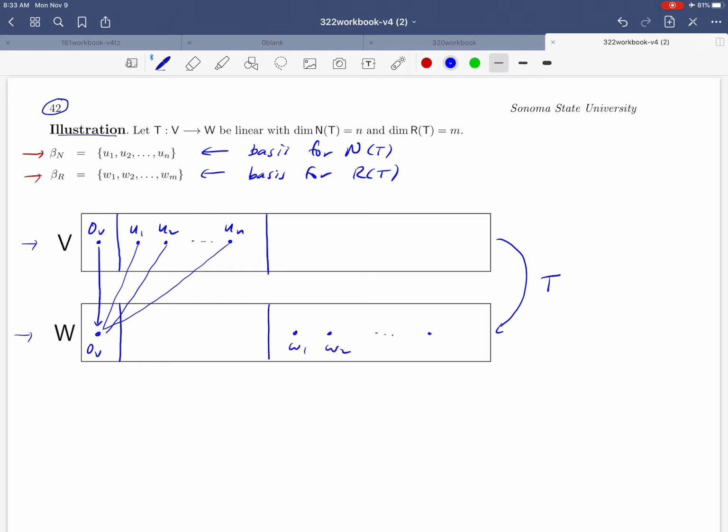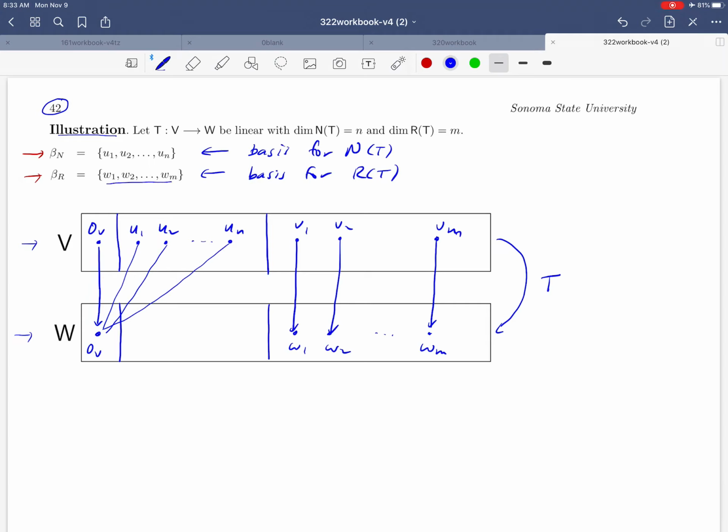Since those are vectors in the range, we know that they get hit by something. For w1, for example, we can pick a v1 that maps to it. For w2, we can pick a v2 that maps to it, and so on, up to vm and wm.